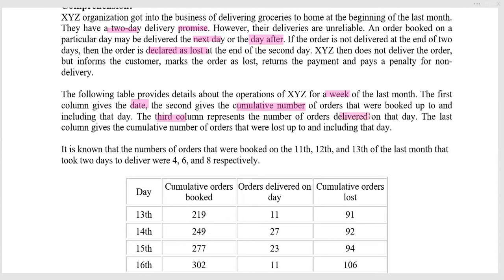This delivery consists of 2 days, 1 day prior and 2 days prior. The last column gives the cumulative number of orders that were lost up to and including that day. It is known that the numbers of orders booked on 11th, 12th, and 13th of last month, with 2 days to deliver, were 4, 6, and 8. With this entire table and data, we need to understand.